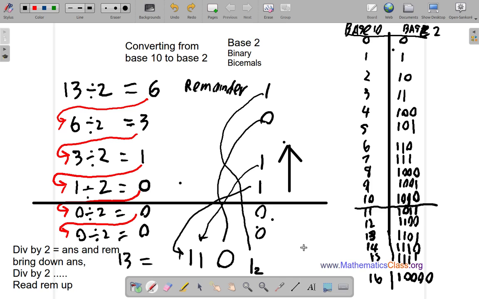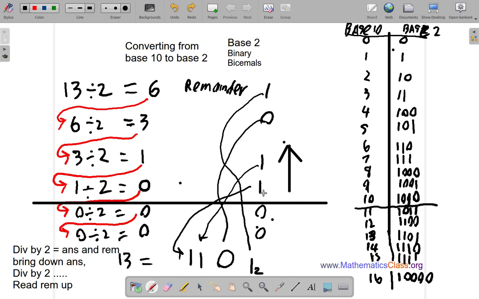Alright, so basically you have a base 10 number, you want to convert it to base 2. You divide that base 10 number by 2, because you're converting to base 2. You get an answer. Write down the remainder. The remainder will always be 1 or 0. Bring down the answer, divide by 2. You get a new answer. Write down the remainder. Bring it down, divide by 2. You get a new answer.